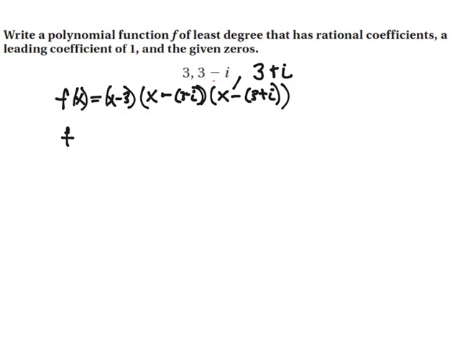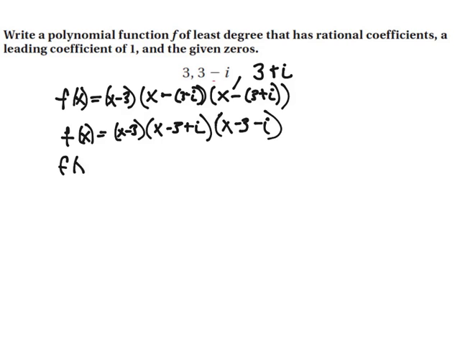And I rewrite that as f of x equals x minus 3, x squared, no, sorry, got to distribute the negative, x minus 3 plus i, x minus 3 minus i.